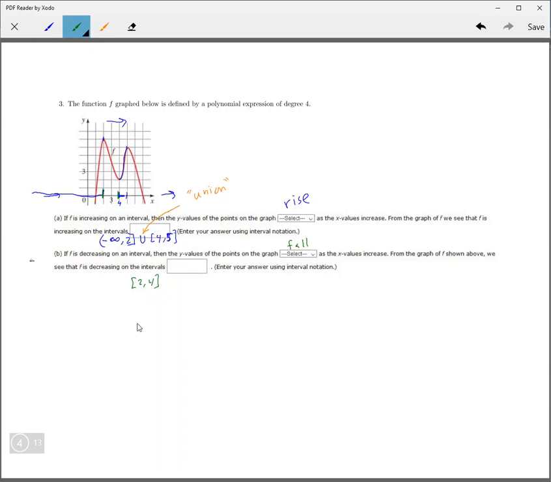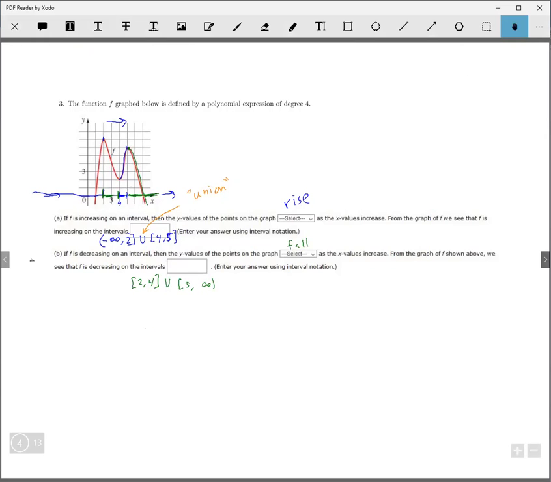Again, you can use parentheses if you want, but then it's also decreasing from 5 to infinity. Okay, great. So that's those problems there, number 3.